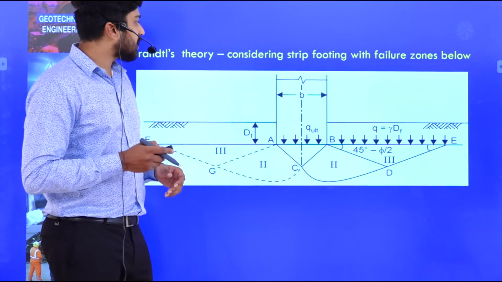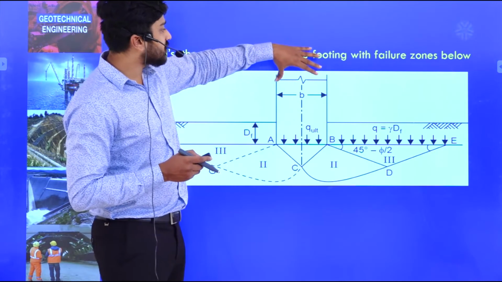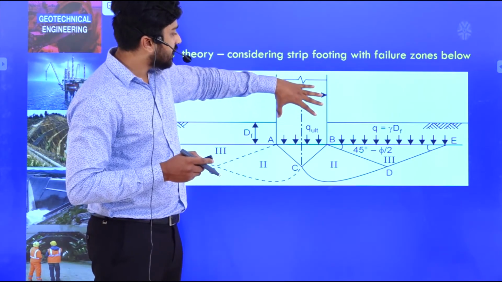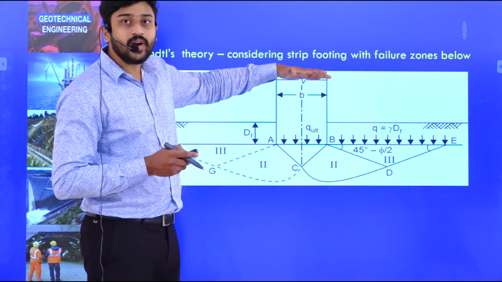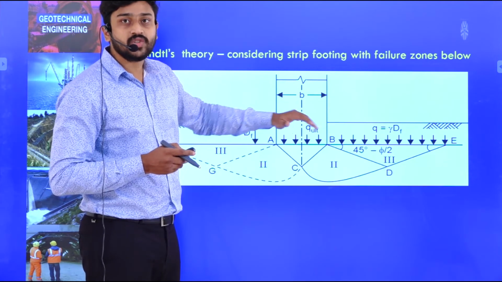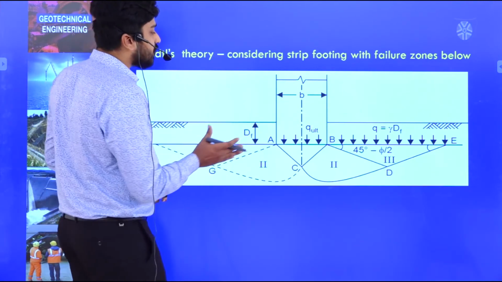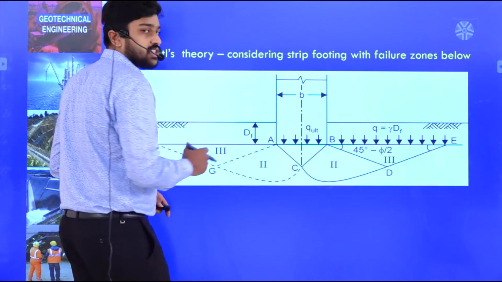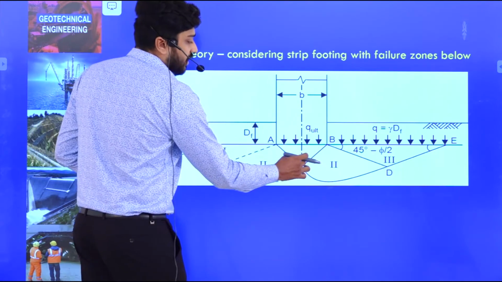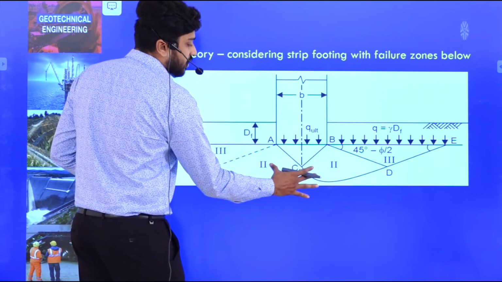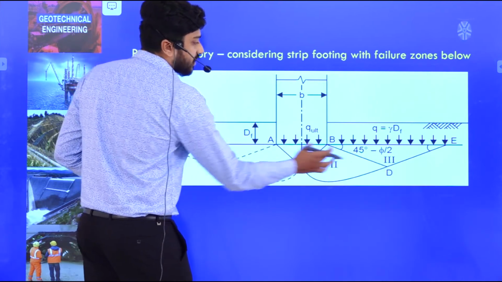If you look at this diagram here, this is a foundation having width B, and let us say QU is the ultimate load that is coming onto this soil. He considered the failure zones beneath this foundation, where this is failure zone 1, this is failure zone 2, and this is failure zone 3.